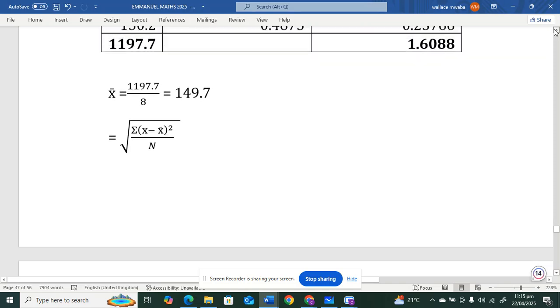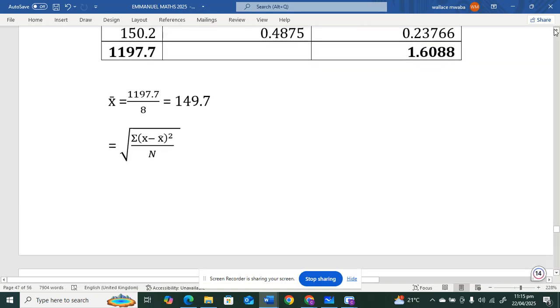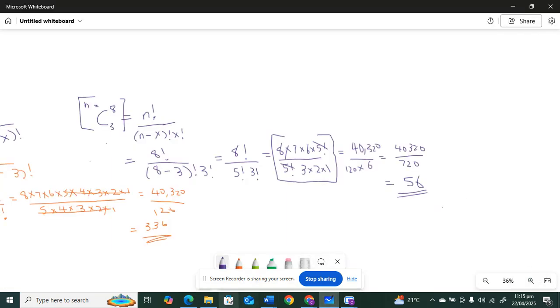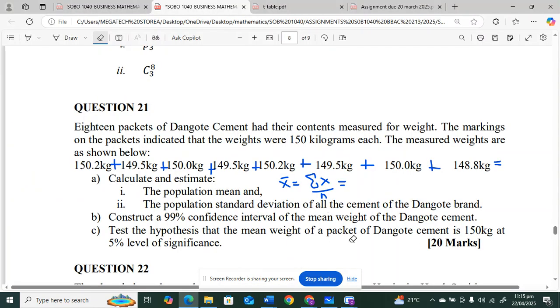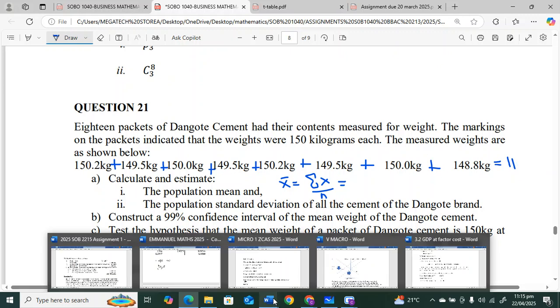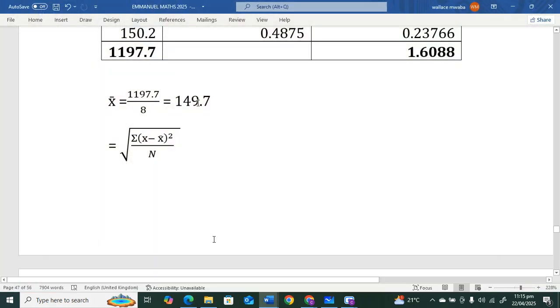1197.7. Then if we divide by 8, we get 149.7.